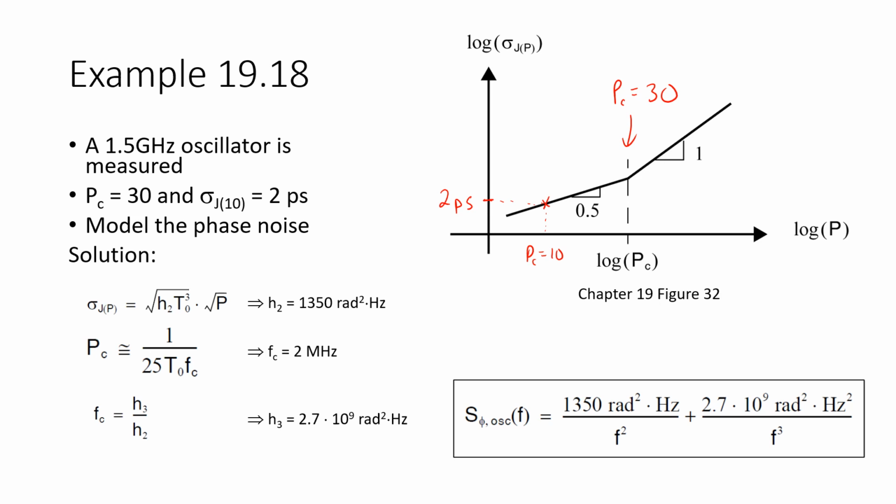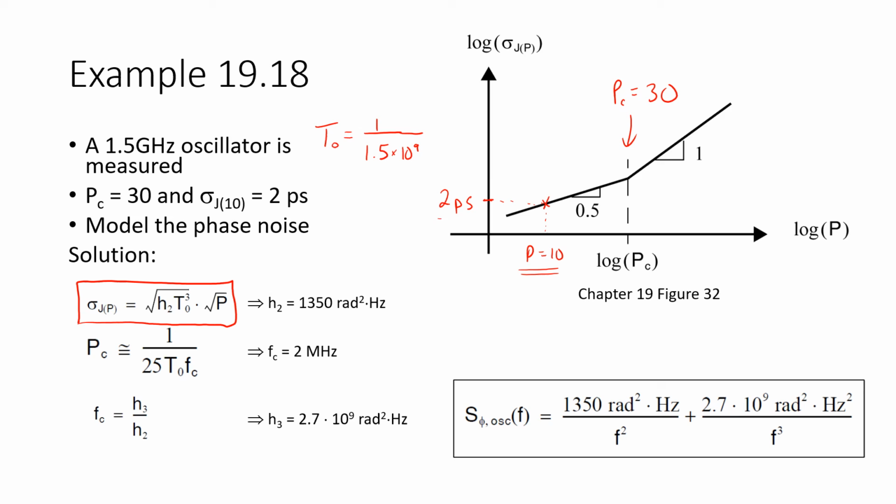So those two pieces of information together can be used to come up with a model for the phase noise of the oscillator. First, we know that in the 1 over f squared region, we have the relationship shown here. The period of oscillation T0 is simply 1 over 1.5 gigahertz. And we can use this combination here. This isn't PC, of course.